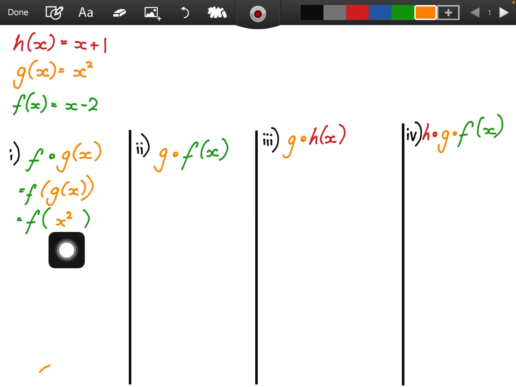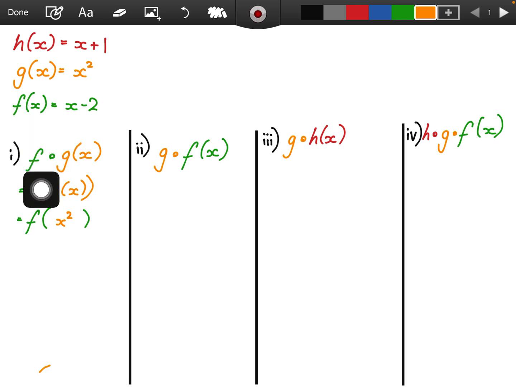So what I am doing now is I am going to apply my function f on the input x squared. Just like I had up here, when I had x as an input, I had x here. If I had 6 there instead of x, then I would replace the x with 6.